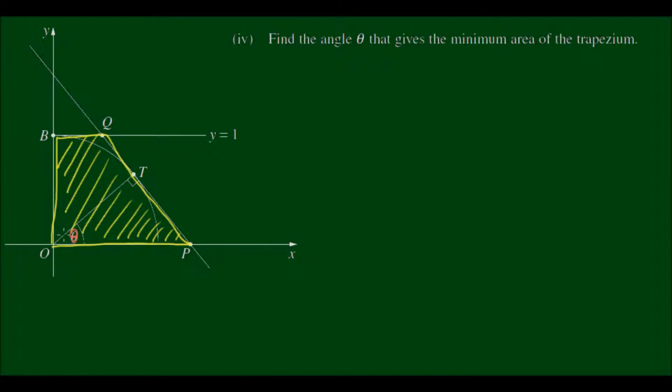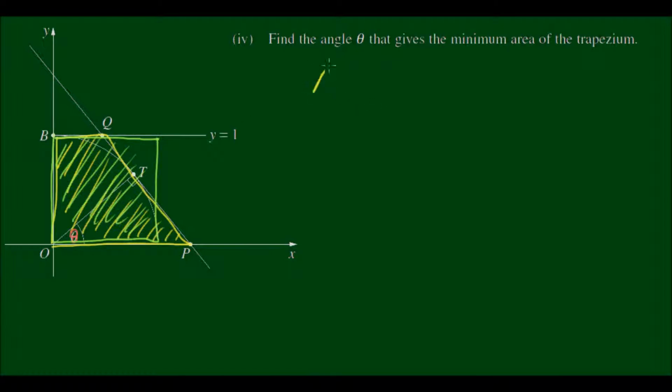If we have a theta of 0, we're going to end up with a square. And if we have a theta at 90 degrees, or equal to pi on 2 in radians, you can see that this line PT is going to be horizontal, and we will end up with an infinitely large area.